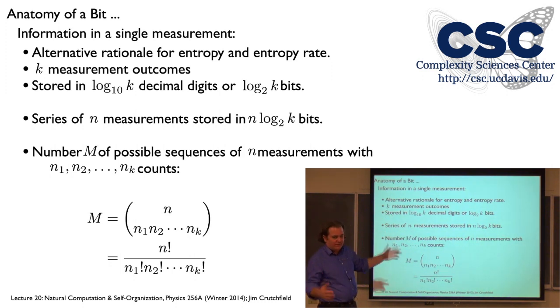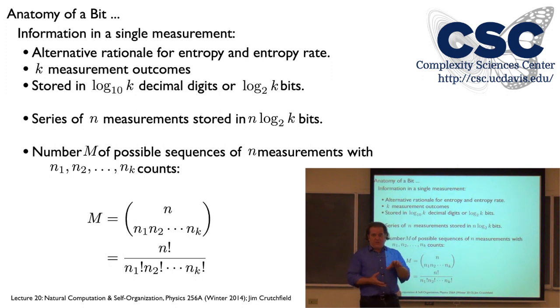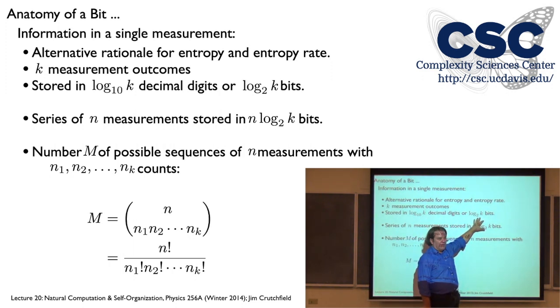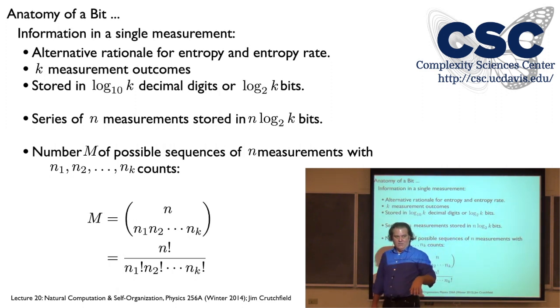Think of a coin, heads, tails. And if we wanted to store the measurement, we're going to have to go to Fry's or Best Buy and buy some memory. So since we have one of k outcomes, we can store that using log base 10 of k decimal digits, or our preferred unit here, log base 2 of k bits.